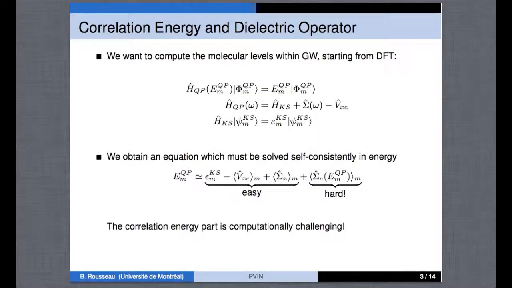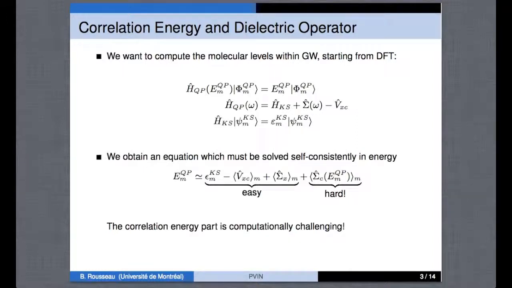So we want to compute the molecular levels within the GW approximation starting from density functional theory. On the screen you can see the quasi-particle Hamiltonian, or the Hamiltonian that captures the GW theory, and we express it as the sum of a Kohn-Sham Hamiltonian, which comes from density functional theory, plus a self-energy term.